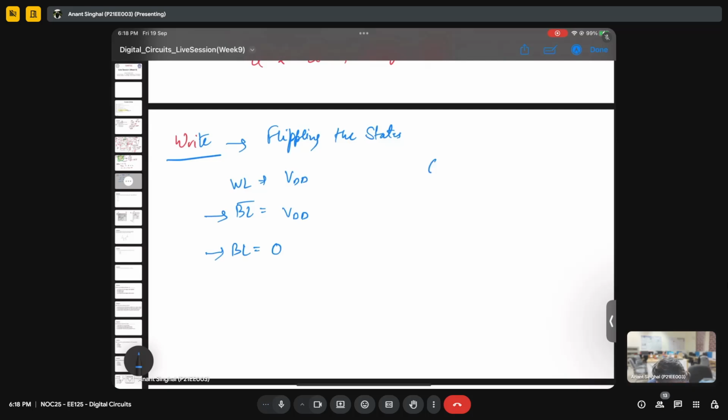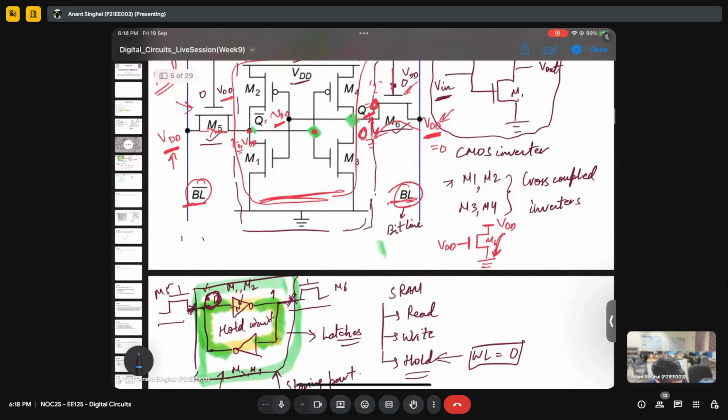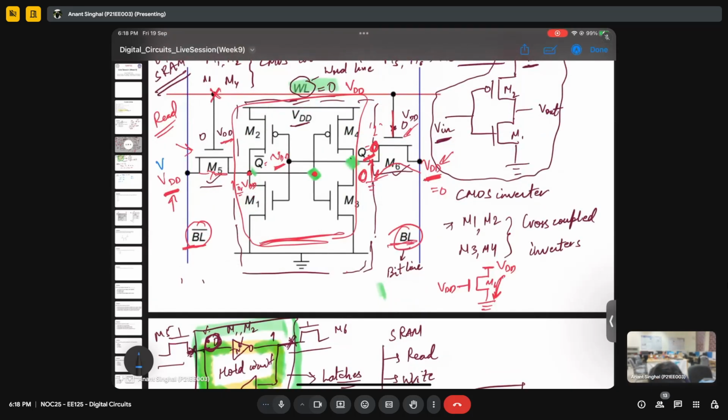Let's say in the circuit initially Q is 1, so the Q bar will be 0, right? Let me go to the circuit. What I have just said: this is VDD, this is VDD, because the word line is VDD, and since this is VDD, the bit line will be 0. The blue markers will now indicate the write operation.